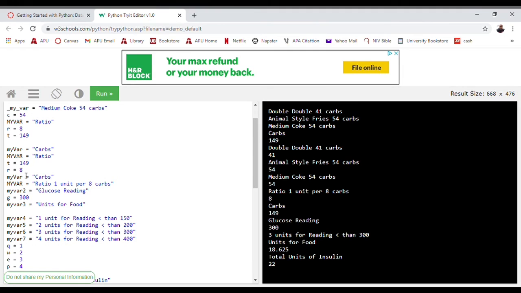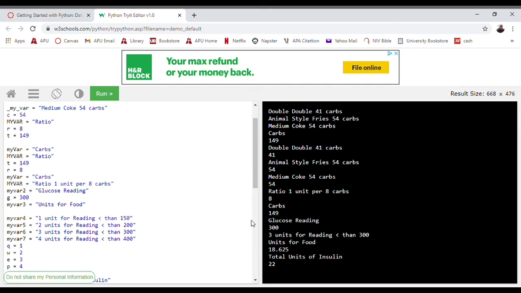And then we're going to have to get that divided by her carbs per unit, or is it units per carb, whatever, which is 8. We also checked her, and for this project we're going to say she was 300, which is her glucose reading, which is the variable 2. Which comes over here as glucose reading 300.